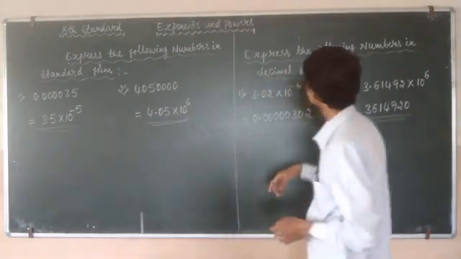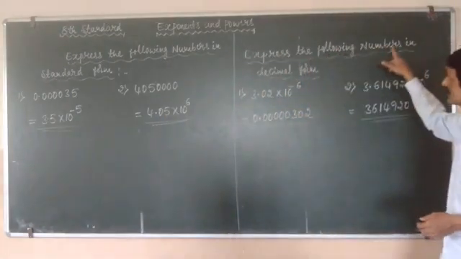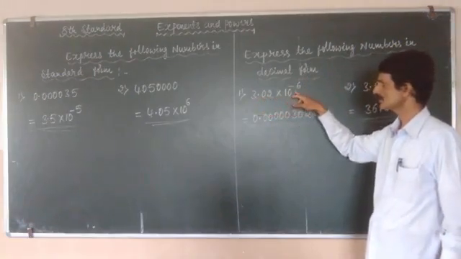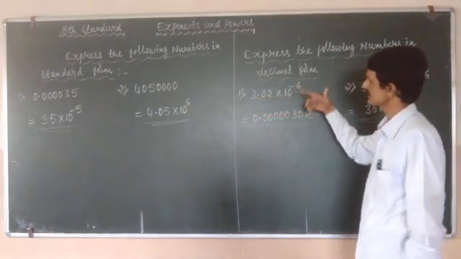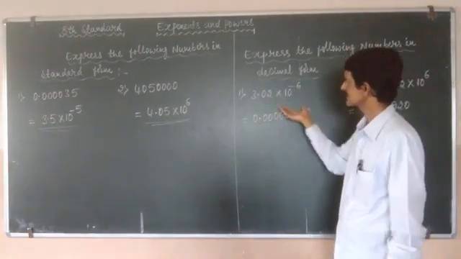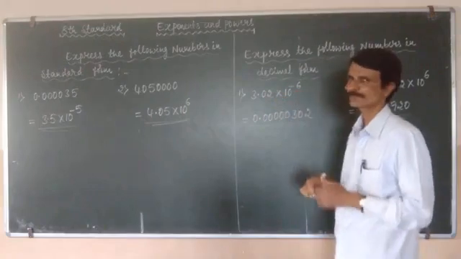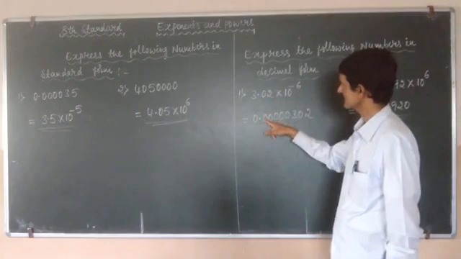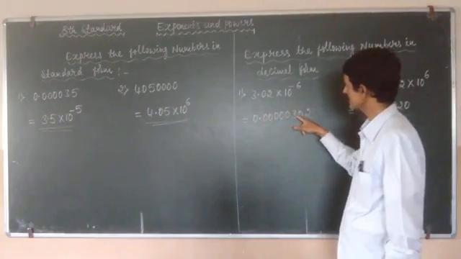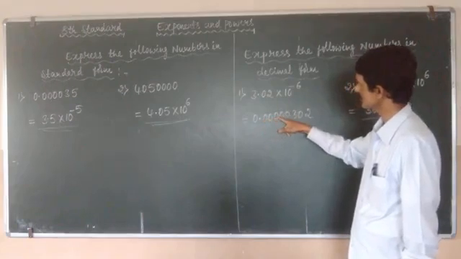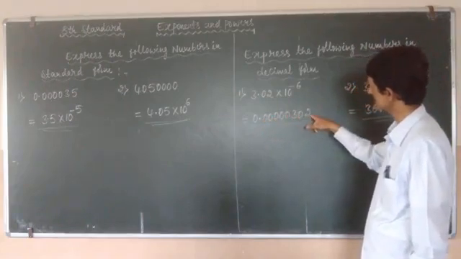Similarly, we express the following numbers in decimal form. This is 3.02 into 10 to the power of minus 6. That means the decimal point is shifted by 6 places, so 1, 2, 3, 4, 5, 6, and this can be written as 0.00000302.